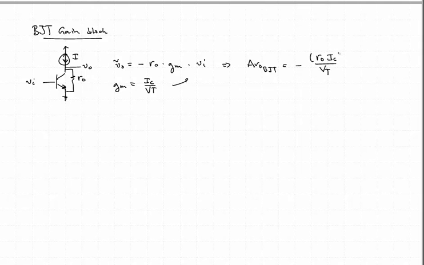And as shown before for the MOSFET, this is equal to the Early voltage. So in other words, for the bipolar junction transistor, the achievable gain for the gain block is VA over the thermal voltage.